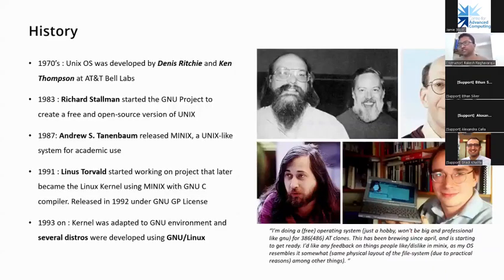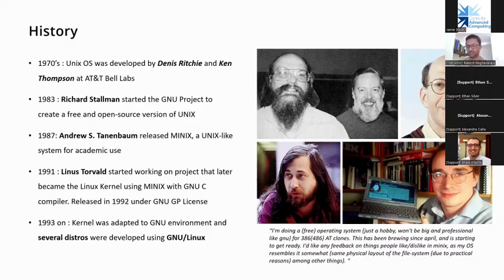A bit of history on Linux: Linux is actually a Unix-like system. Unix was first developed in the 1970s by Dennis Ritchie and Ken Thompson. This was proprietary software for a long time, so some people worked on an open source version of it, to make it more freely available to end users.